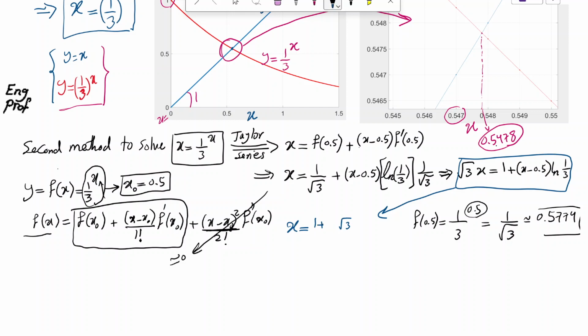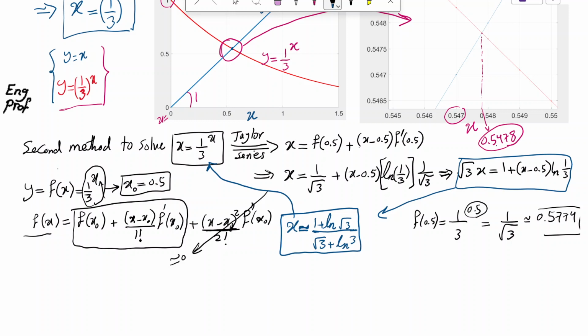So let me just clearly write it. Divide by root 3, and then we have, making sure I'm not making a mistake here, ln 3. So that is the answer, or rough approximation of the answer for this equation.